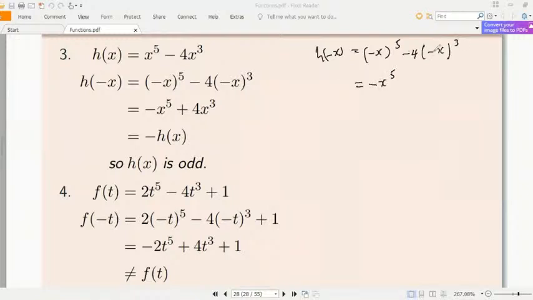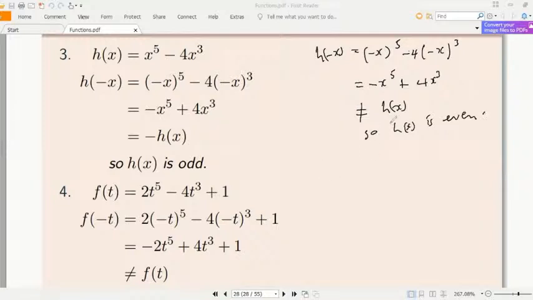So that negative times this will be positive. So this is h of negative x, and I can see that it is not equal to h of x. So h of x is not even.